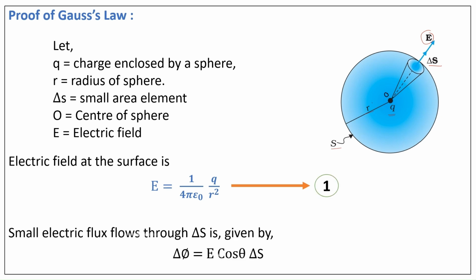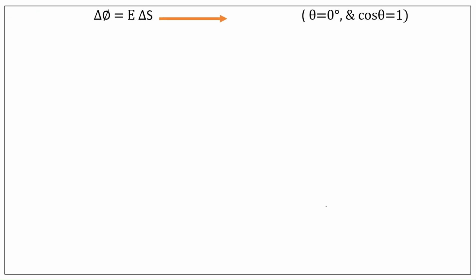Therefore, small electric flux flows through delta S is given by delta phi is equal to E cos theta delta S. If theta is equal to 0 degree, then cos theta is equal to 1. That is, delta phi is equal to E into delta S. Mark it as equation number 2.